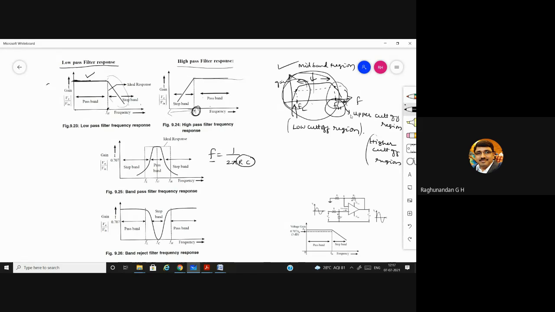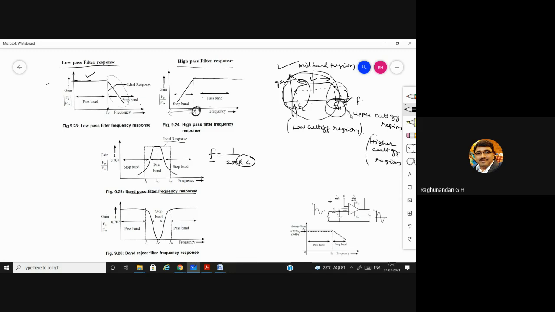Now coming to the band pass filter frequency response. In this band pass frequency response, as I was telling, you can see this ideal response, the dotted line. This is the ideal response. But practically, we will not get it like this.